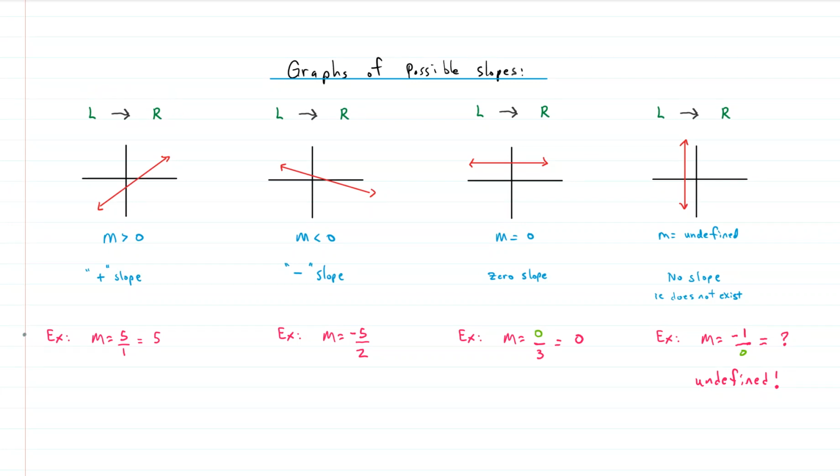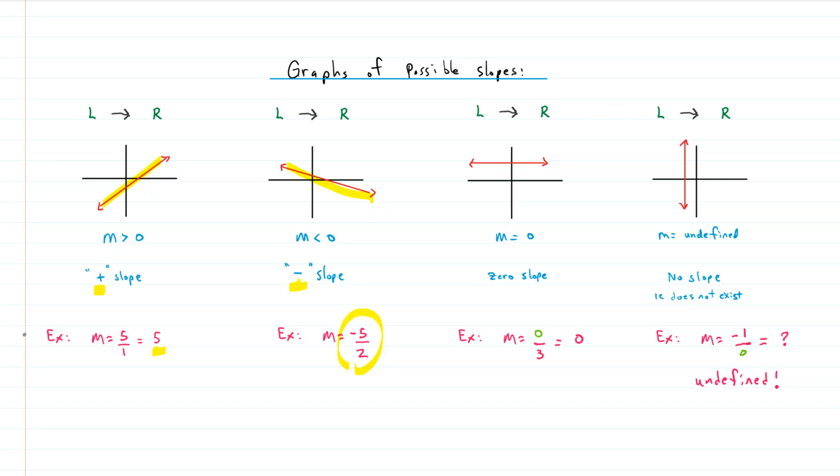So if you're going uphill moving left to right, think of a person walking uphill, that's a positive slope. So you get a positive number, like 5. Or if you're going downhill, moving left to right, that's a negative slope, and you'd have a negative number if you computed the slope, like -5/2, for example.